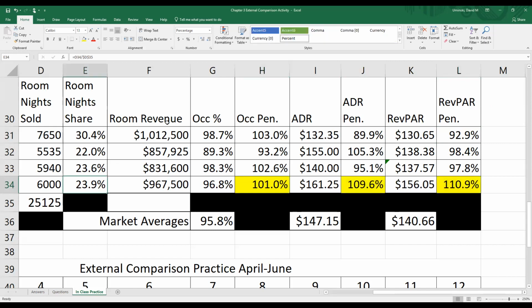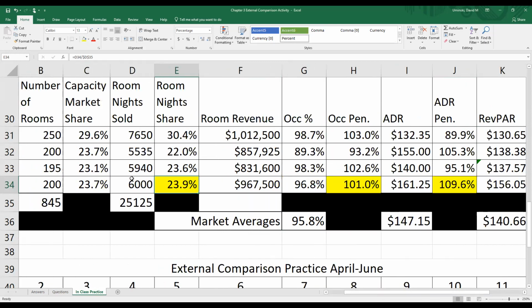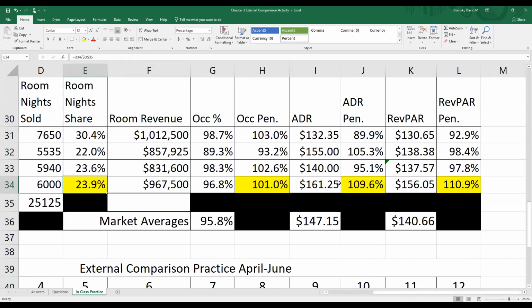Hotel D also earned at least its fair share of the market, right? So we didn't dip below our fair share. We at least got our fair share, but at the same time, we were also above average.